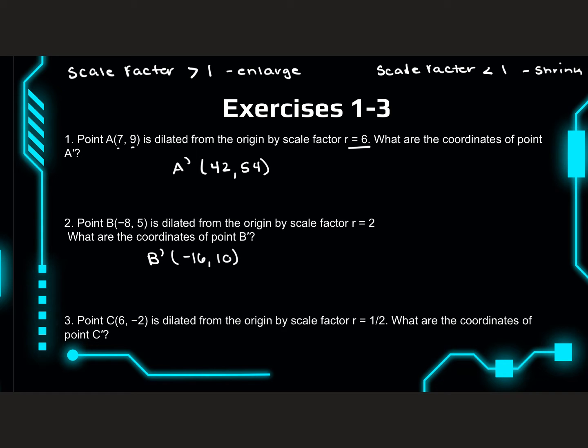All right, and for number 3, it says point C (6, -2) is dilated from the origin by a scale factor of a half. What are the coordinates of C prime? All right, so C prime, we're multiplying by 1/2. Since 1/2 is less than 1, we know that we are shrinking. So we have 6 times 1/2, so half of 6 is 3, and half of negative 2 is negative 1.